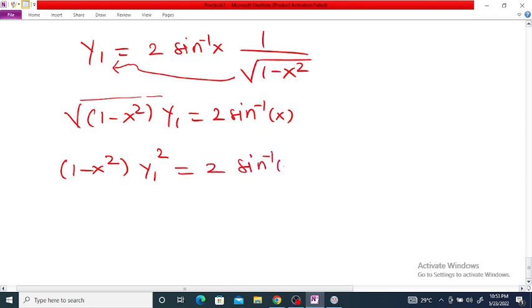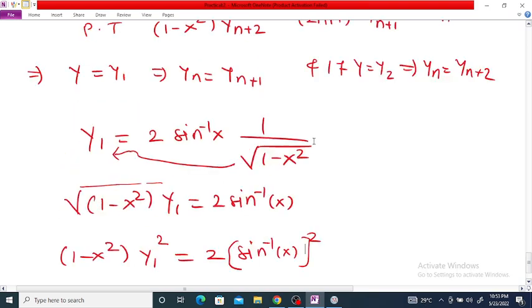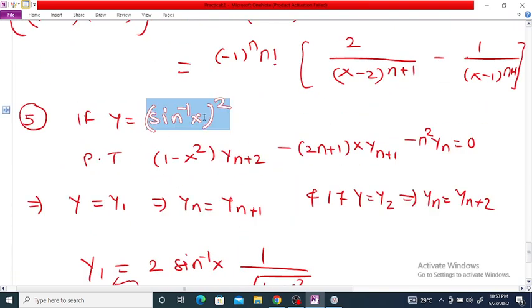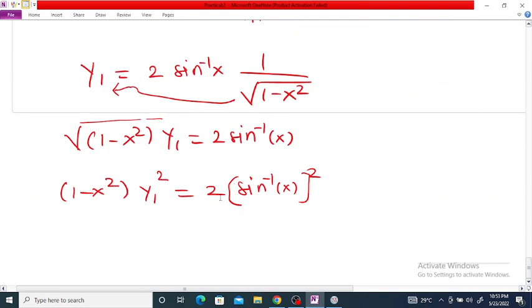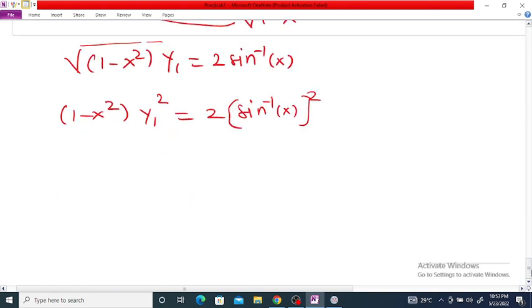If we square on both sides, we get 1 minus x square times y1 square is equal to 2 times sine inverse x, whole square. But what is sine inverse x whole square? It is equal to y. So this is nothing but 1 minus x square times y1 square equal to 4y.